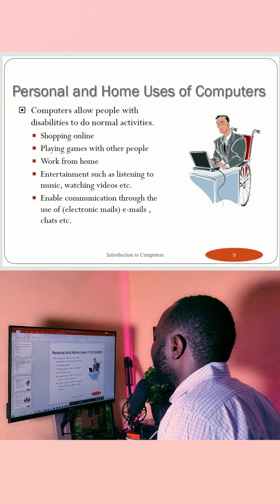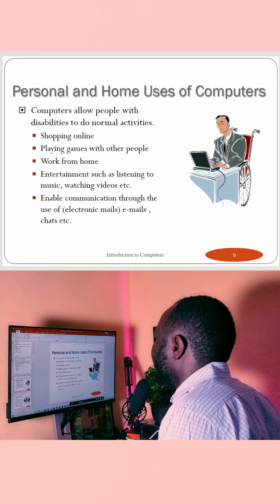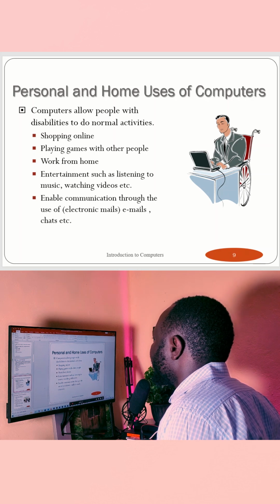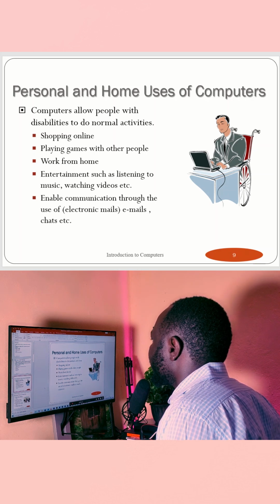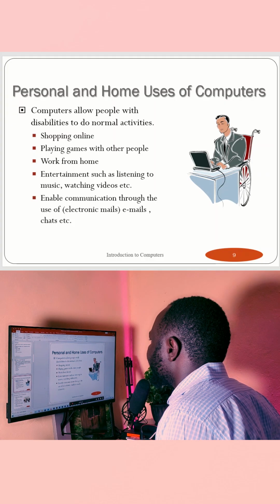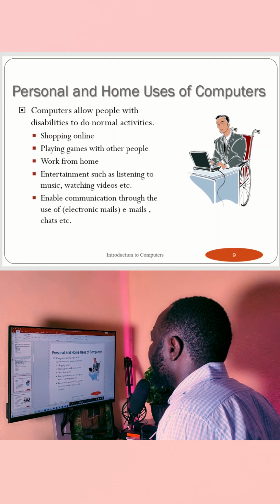Computers allow people with disabilities to do normal activities such as shopping online. And this shopping online is a whole topic of discussion of its own, and we are going to engage in this at some point. That falls under what we call e-commerce, which is the same as electronic commerce.